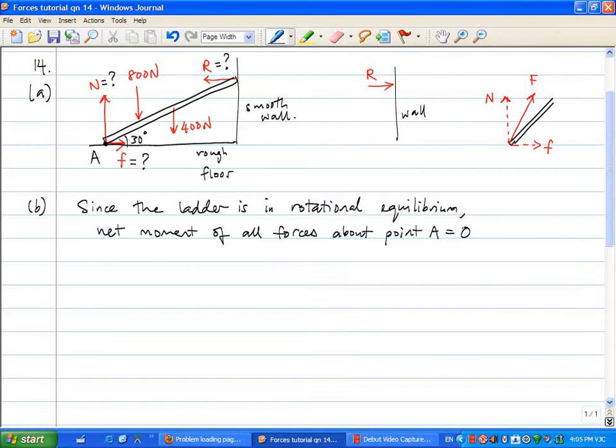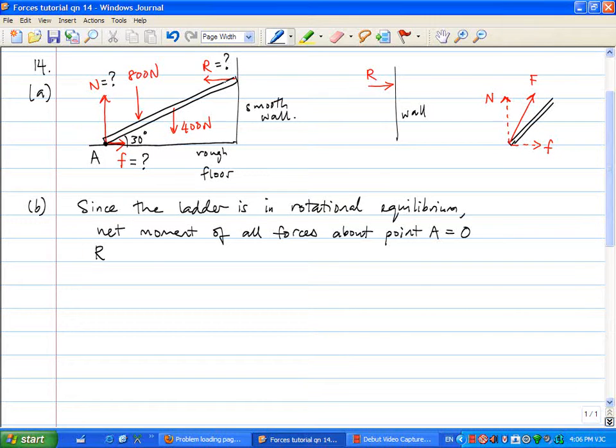Right, so let's consider the 3 forces, 800 newtons, 400 newtons, and R. N and F pass through point A, and so the moments of these 2 forces about point A is 0. So let's consider R first. The moment of R about point A is force times distance.